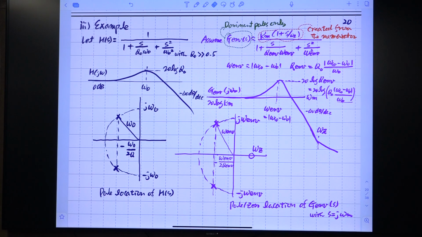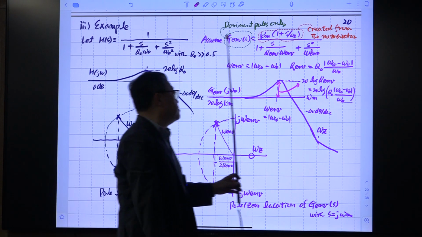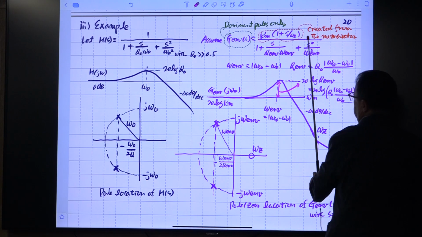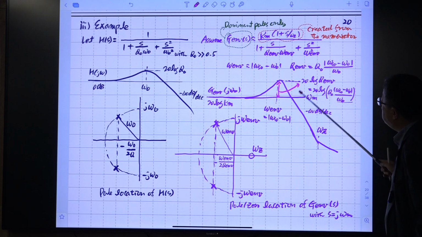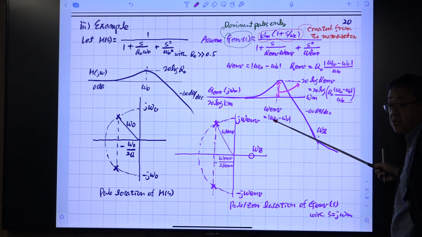Actually, what I mean is the length between this peak point and this is this one. This one is omega g. Don't pay attention to this. So this will determine the major dynamics of this one.